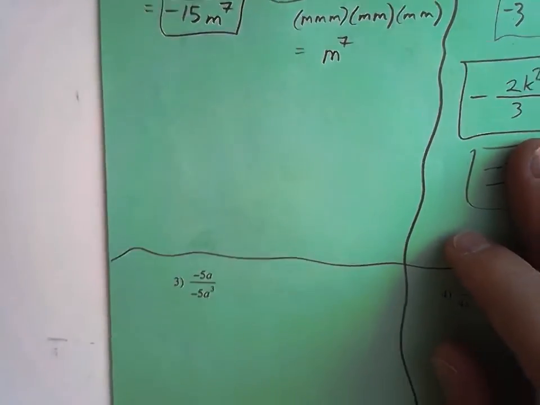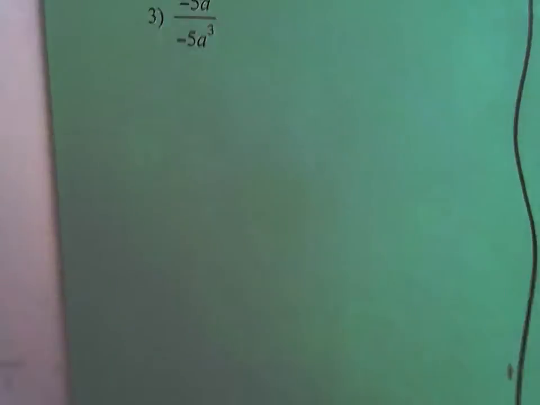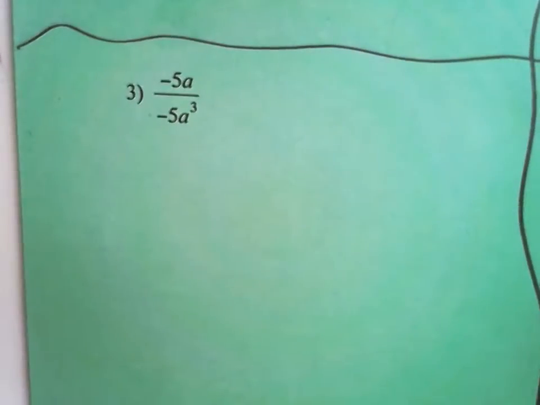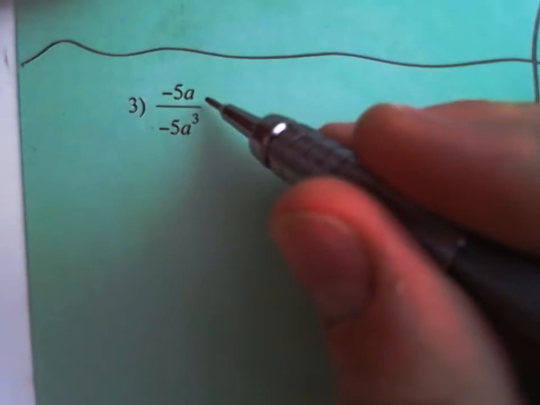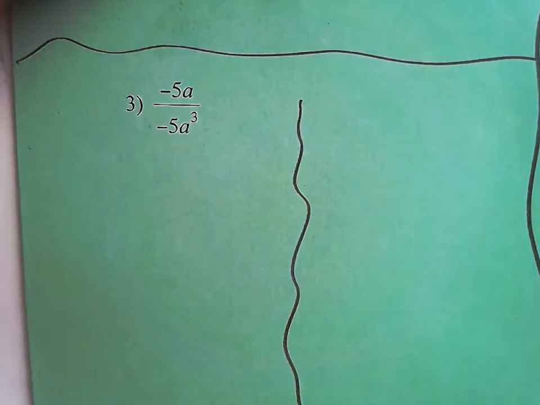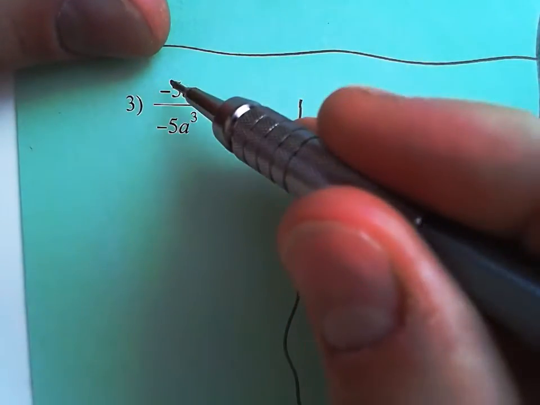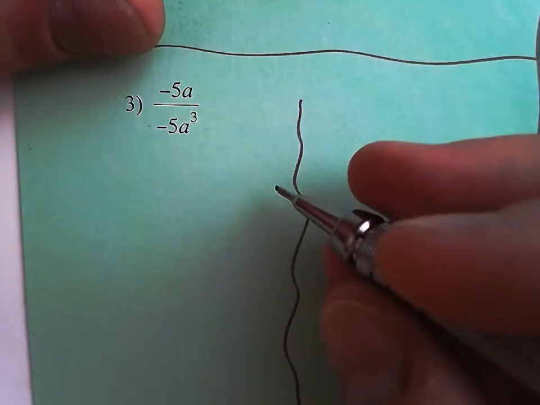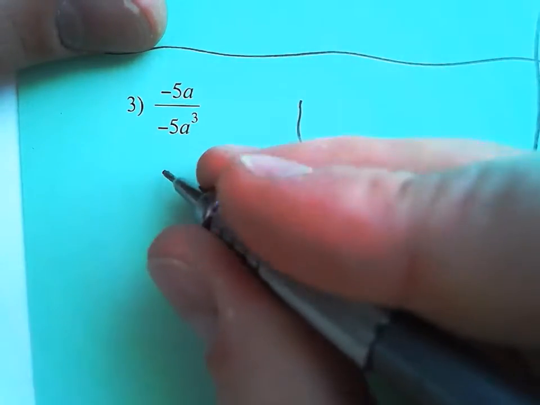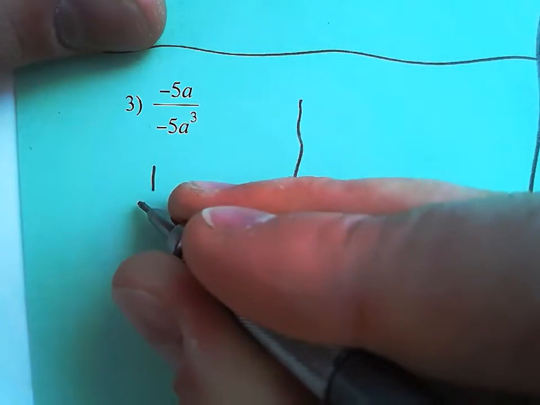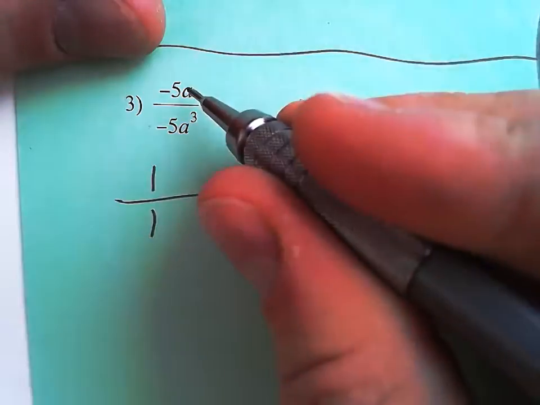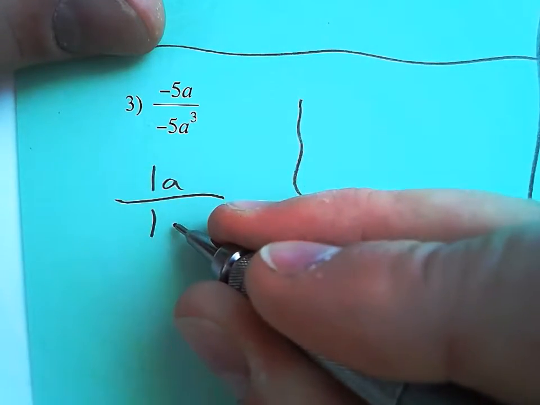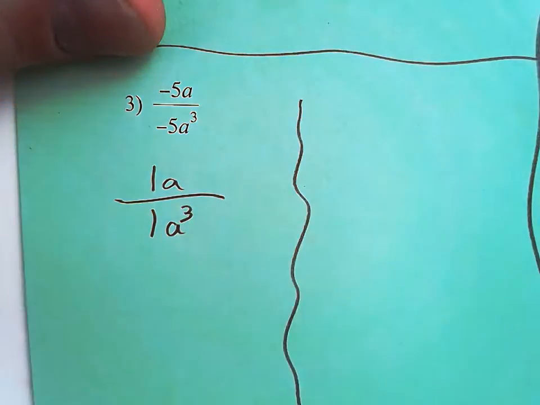Okay, on this one, slightly more tricky. Sorry about that. So I'm going to show it both those ways too. So this one, -5 divided by -5. That can divide, because -5 divided by -5 is the same as 1 over 1. So we got 1a over 1a cubed.